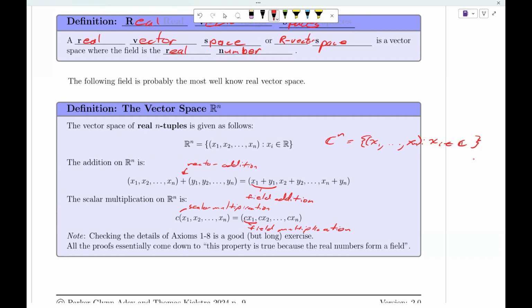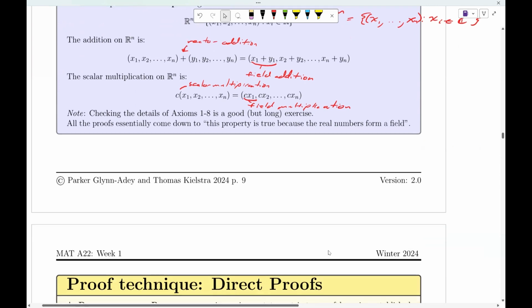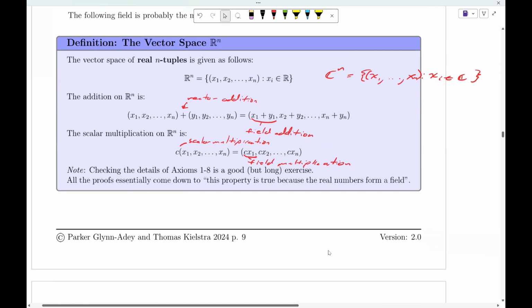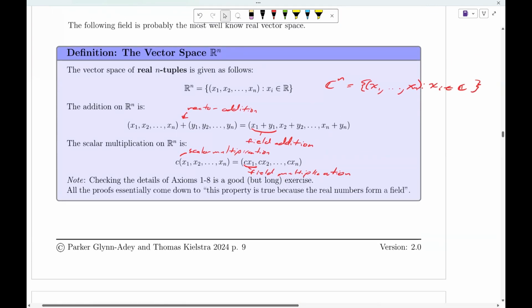What does that mean? We can prove it satisfies those conditions of being a vector space. And proving these axioms of a vector space is a good exercise, but takes some time. So I encourage you, prove it for yourself. Prove that it does in fact form a vector space.